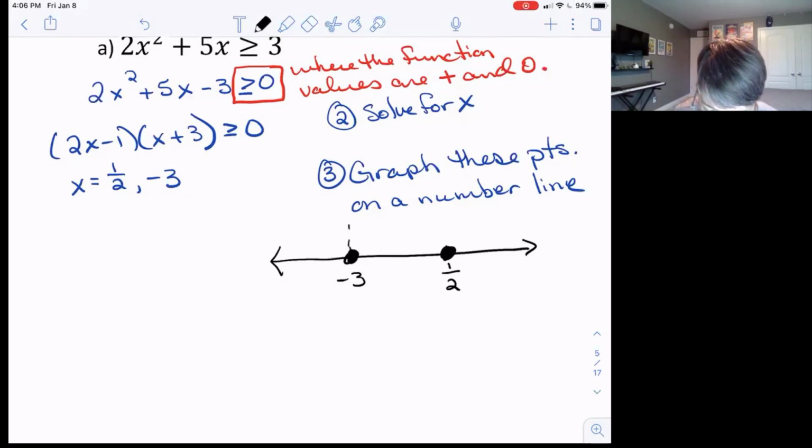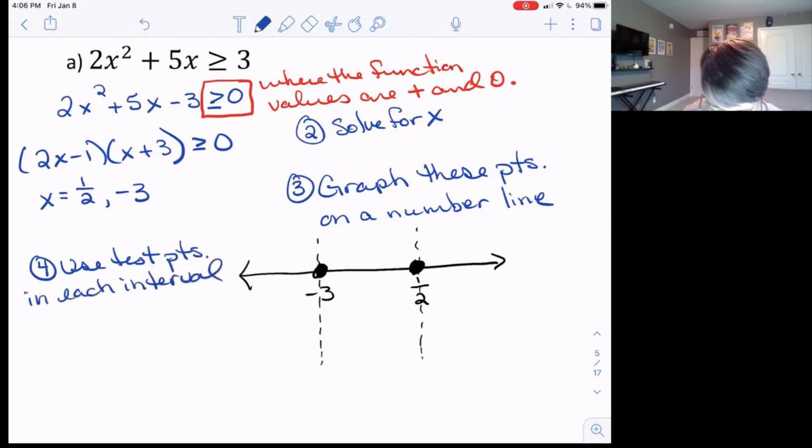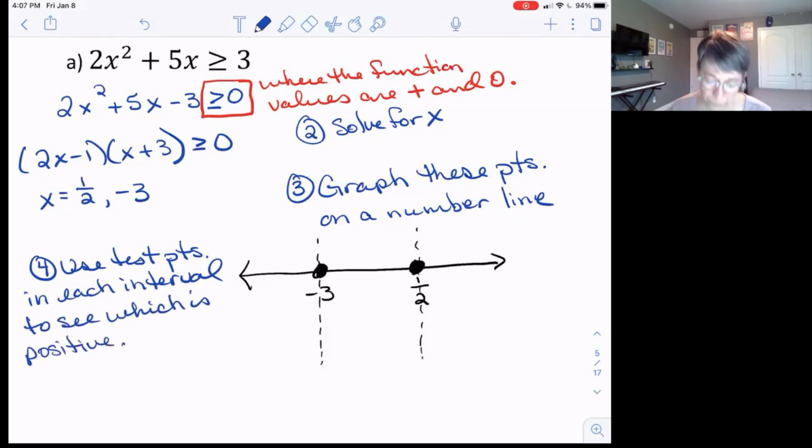So I have the interval to the left of negative 3, between negative 3 and 1/2, and to the right of 1/2. So step 4, we are going to use test points in each interval to see which is positive.